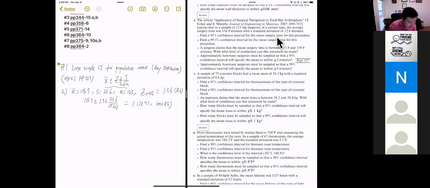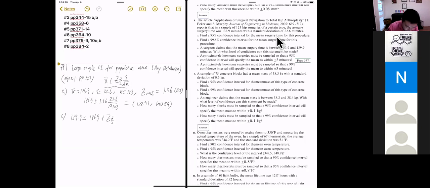And the upper bound is 139.9. So, for example, we choose the upper bound: 139.9 is equal to the mean value 136.9 plus the z half alpha. We do not know the confidence level because it is related to half alpha.